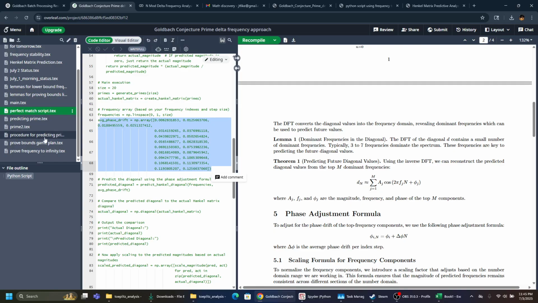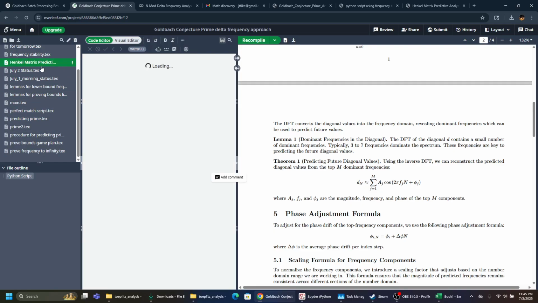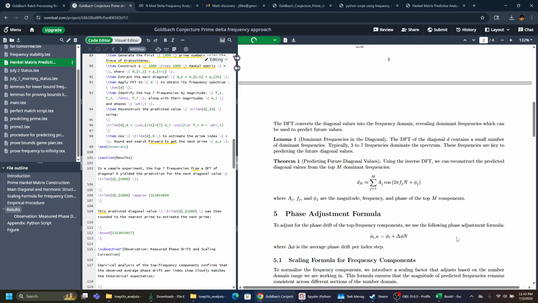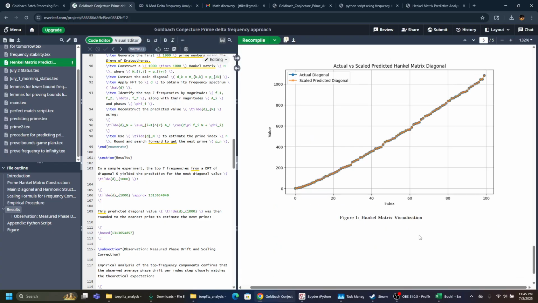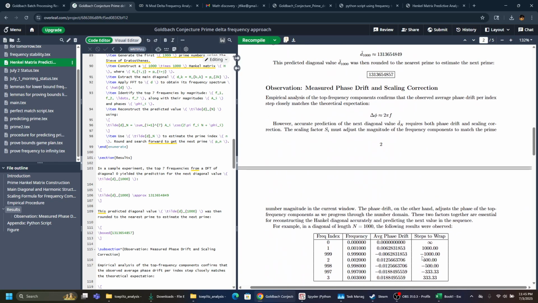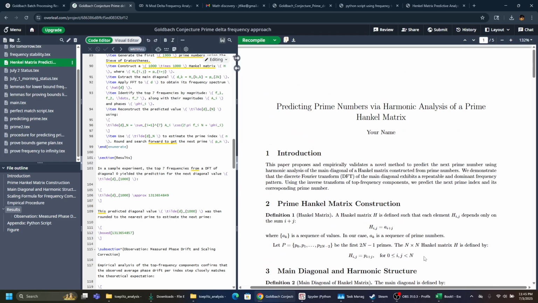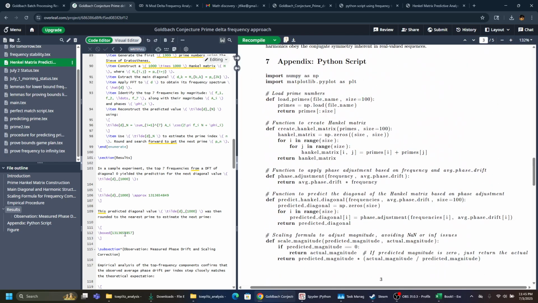I have several documents here that are very similar to each other, but I think this is the one I was looking for. Anyways, that's what I wanted to show you today.